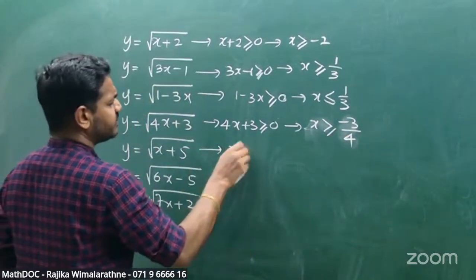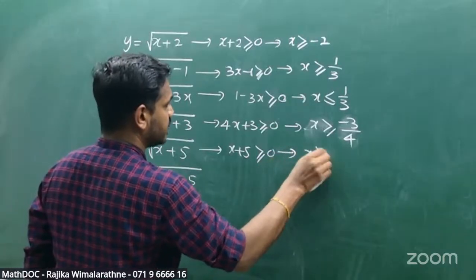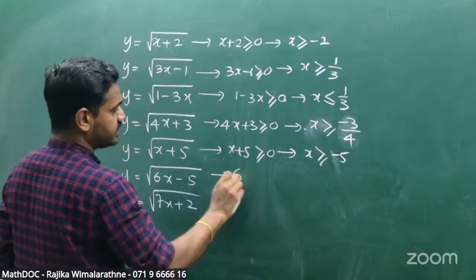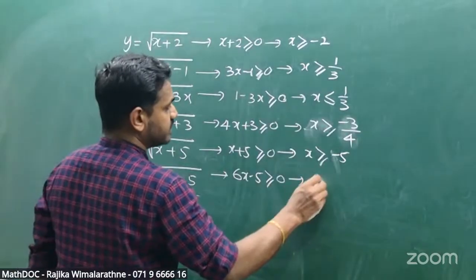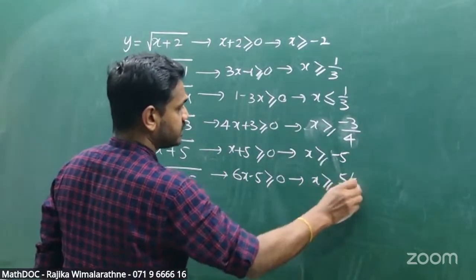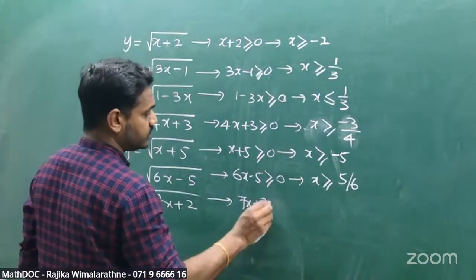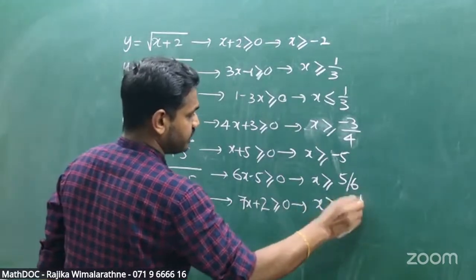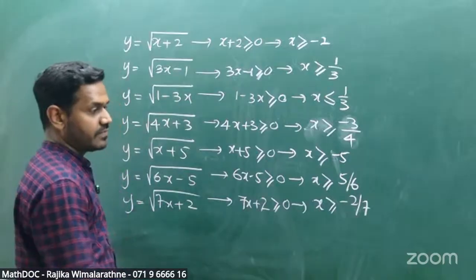Here x plus 5 greater than or equal to 0, so x is greater than or equal to minus 5. Then 6x minus 5 greater than or equal to 0, so x is greater than or equal to 5/6. Then 7x plus 2 greater than or equal to 0, so x is greater than or equal to minus 2 divided by 7.